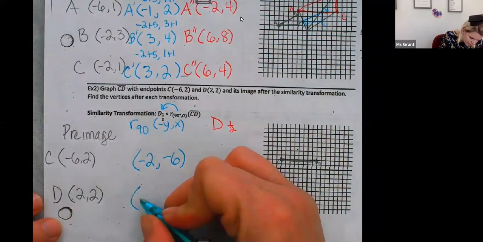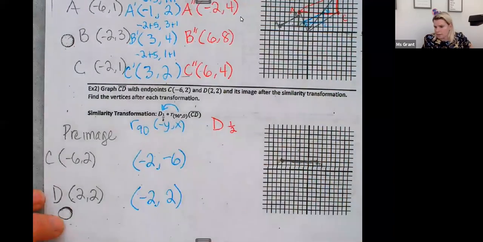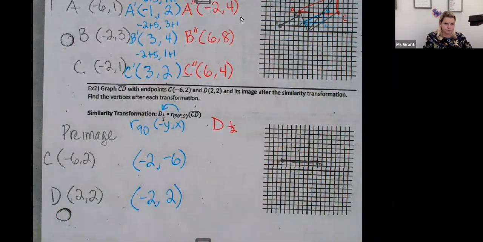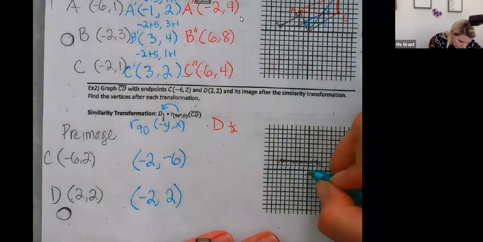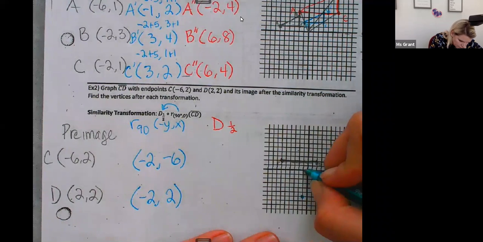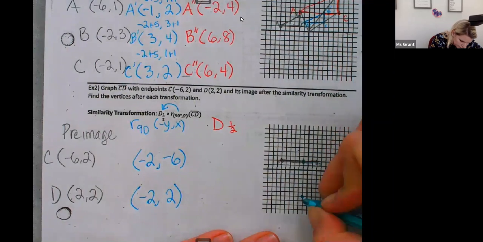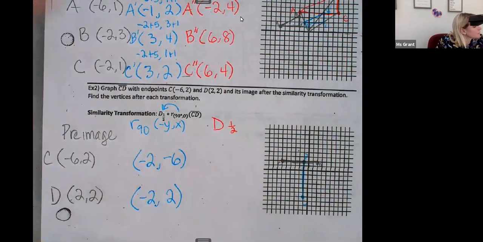The y value is negative and the x value stays the same. Let me graph that. -2, -6. -2, 2. And you can see it.